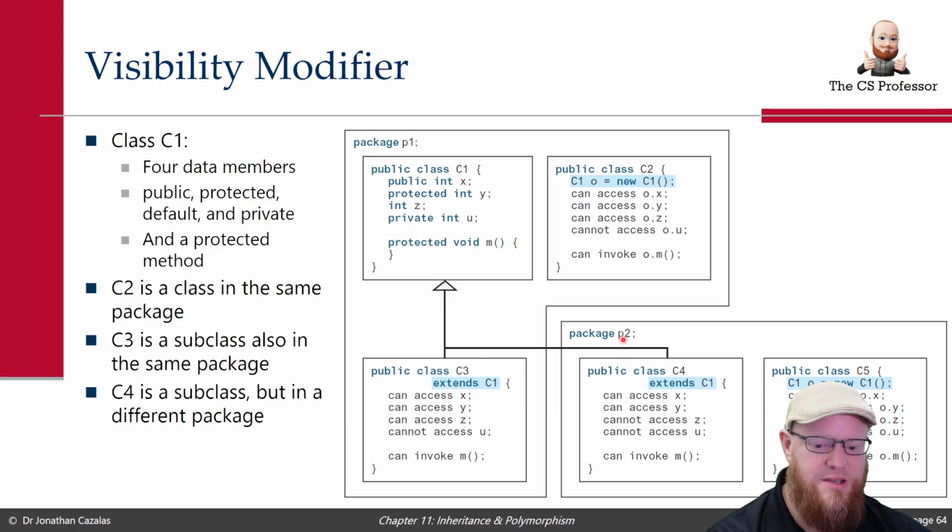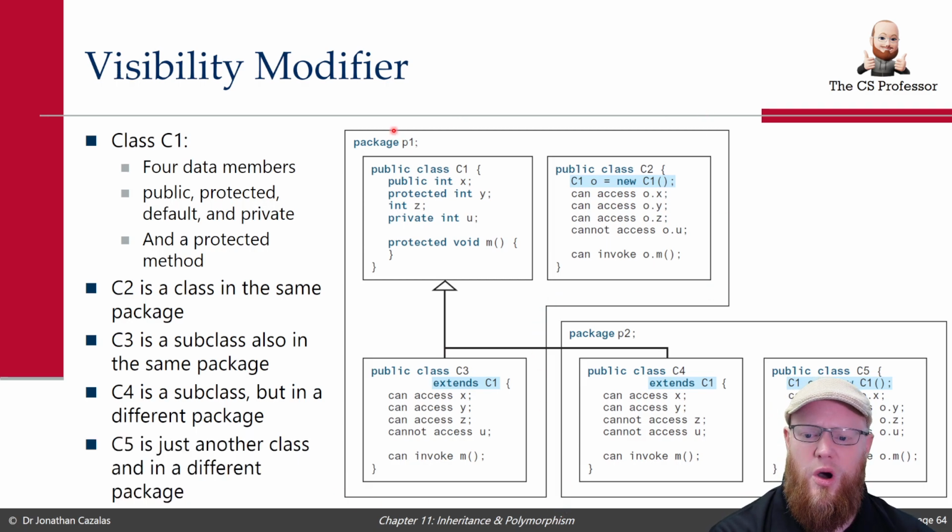Then we have class C4, which is in a different package, but it's also a subclass of C1. And finally, we have class C5, which is in a different package. It's in package P2, and it is not a subclass of anything. So notice the package P2 is with this rectangle. Package P1 is with this shape here.